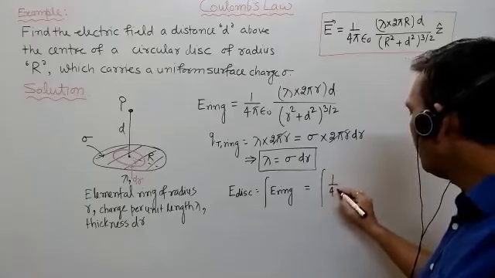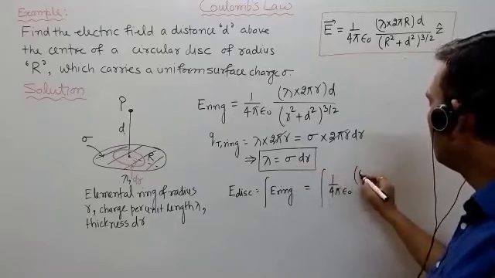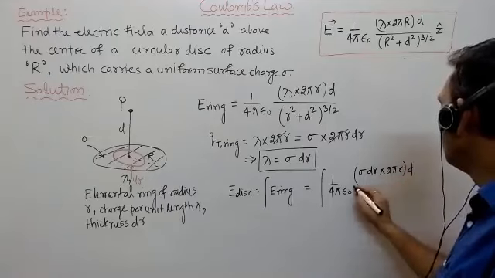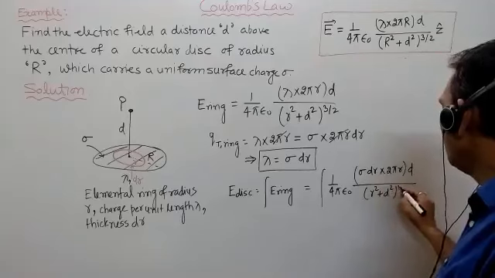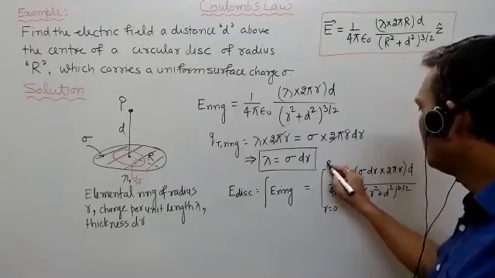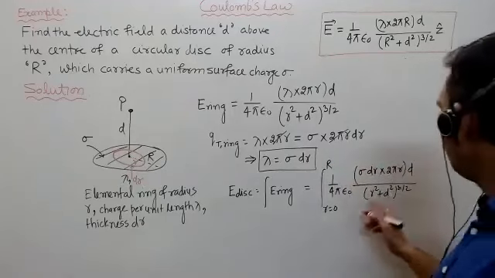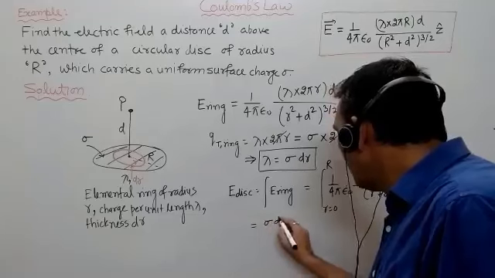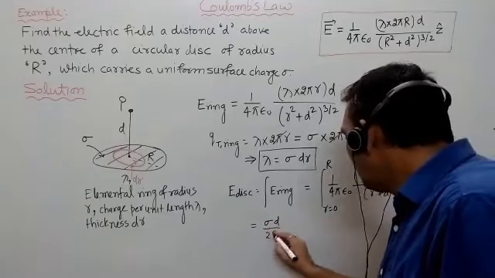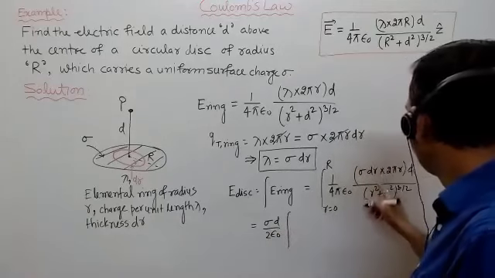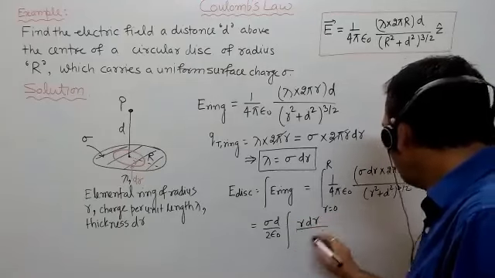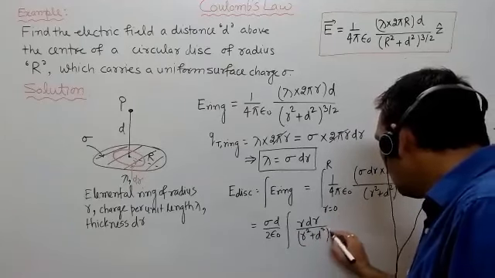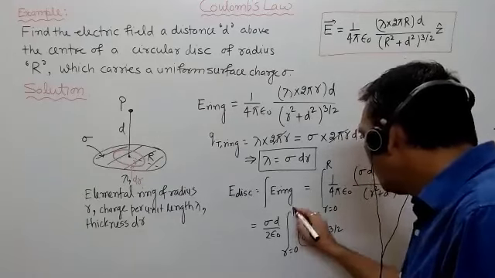Just write down 1 by 4 pi epsilon naught, lambda is sigma into dr, into 2 pi r, into d by r square plus d square power 3 by 2, and the limit will be 0 to capital R. So 2 pi will cancel out and you will get sigma d by twice epsilon naught, integral r dr by r square plus d square power 3 by 2, from 0 to capital R.